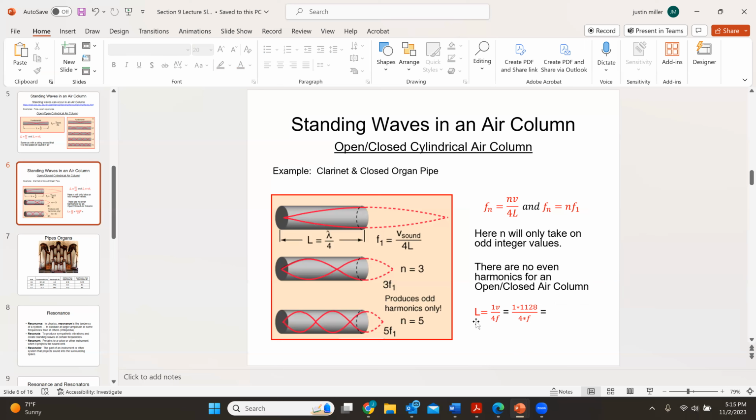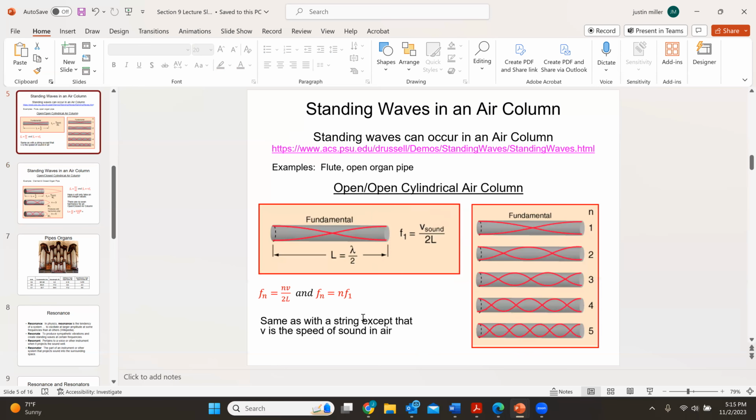For the open system, you're going to have almost the same expression.